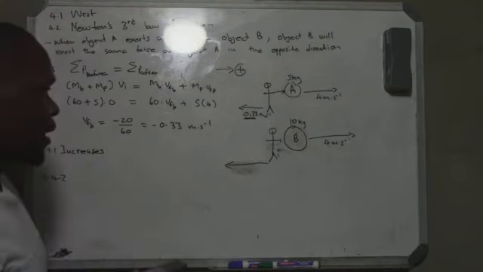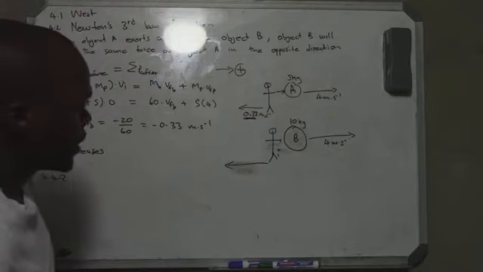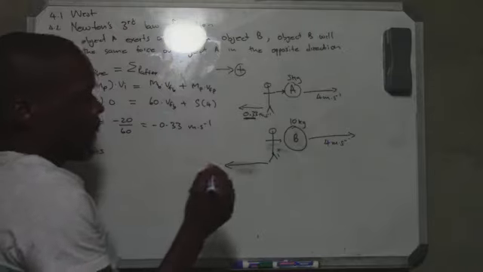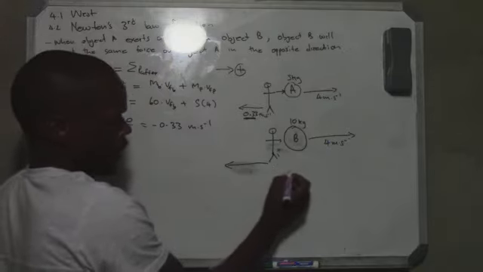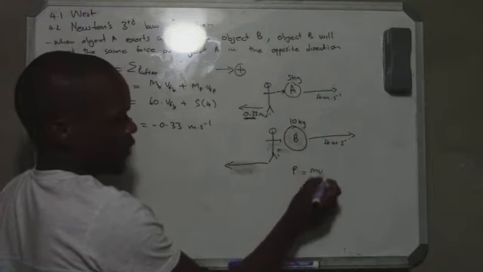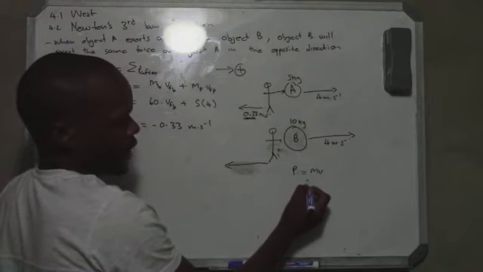If I double the mass, again, if I double the mass, I will have to be increasing a change in momentum, because momentum is dependent on mass and velocity, right? I keep the velocity the same, but I increase the mass.